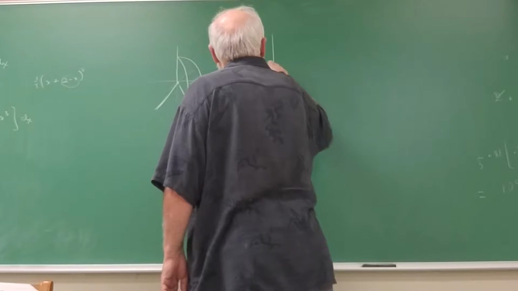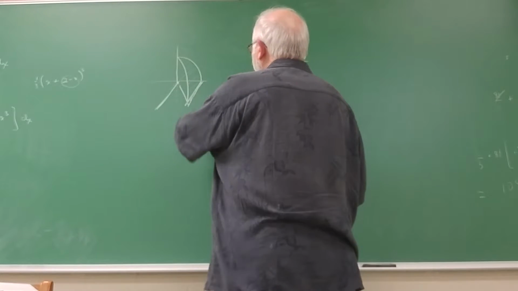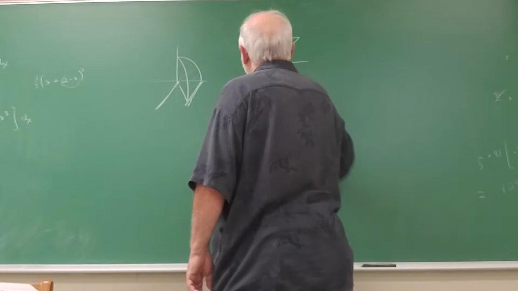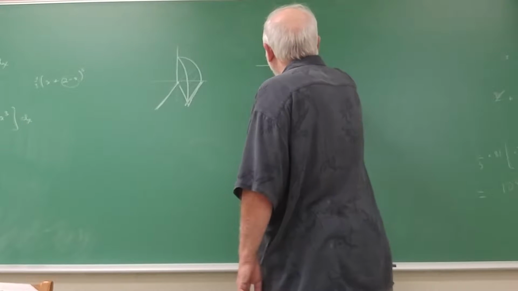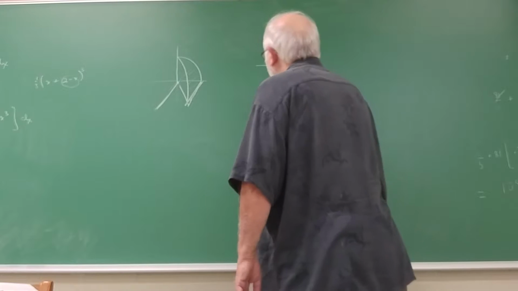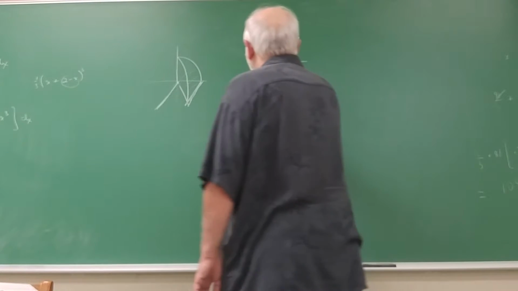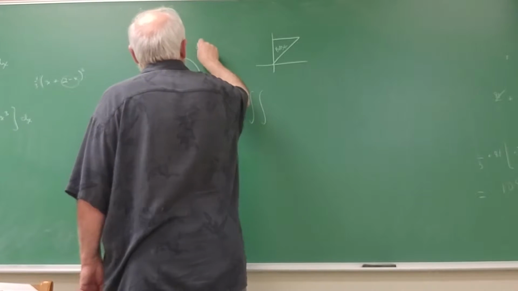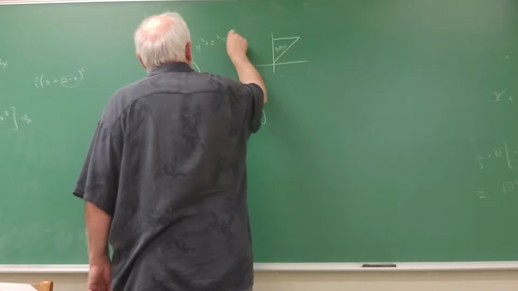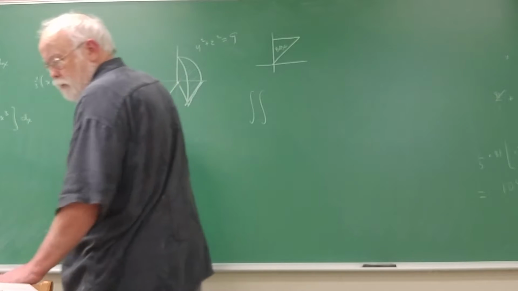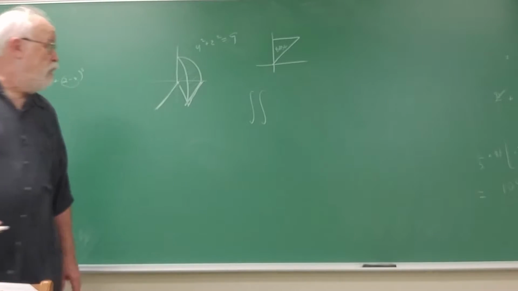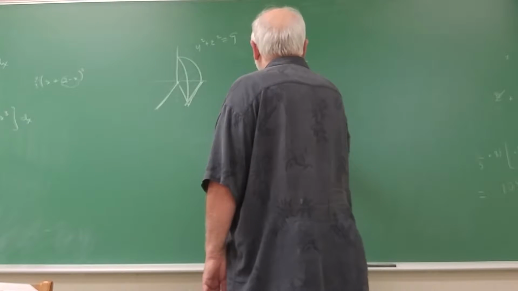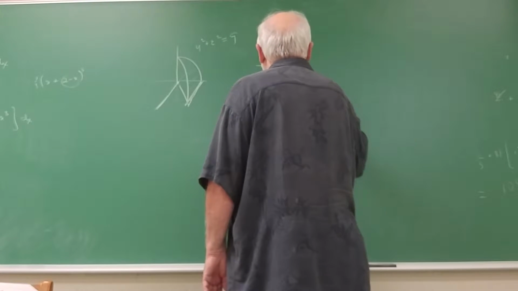So now my region is a triangle. It's a triangle that's next to the y-axis. So it looks like this. That's my base. And the thing I'm integrating, y squared plus z squared is 9, so I've got z equals the square root of 9 minus y squared.